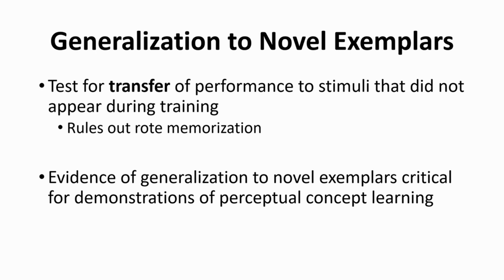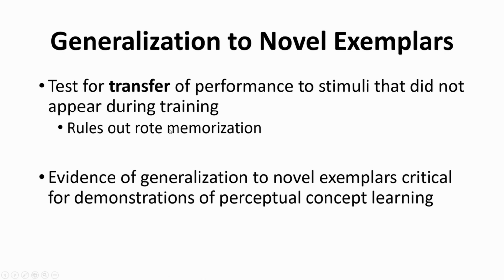And if we can see that novel stimulus being sorted properly, we can call that transfer of performance. It means that the organism learned something during training and has carried over that training into our testing. And if they're doing that, it rules out rote memorization.